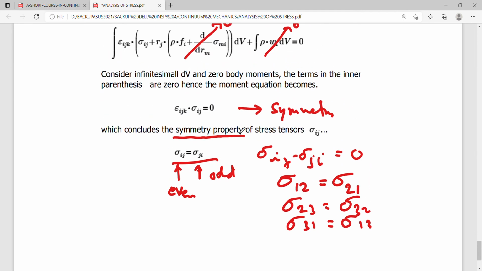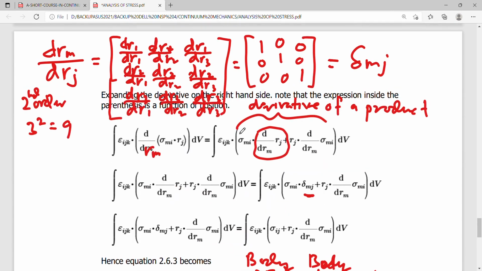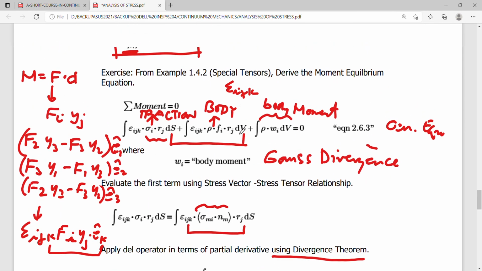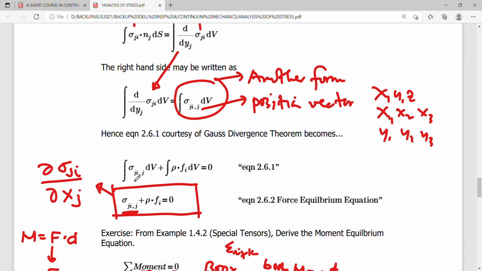That's why we no longer fear any miscalculation upon which your sigma i j and sigma j i will be written. Whether it is a transpose or an upright matrix or tensor, the values will be the same.